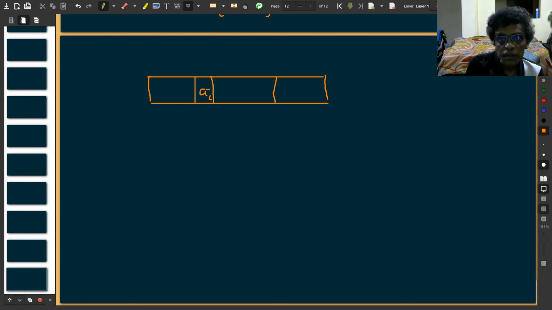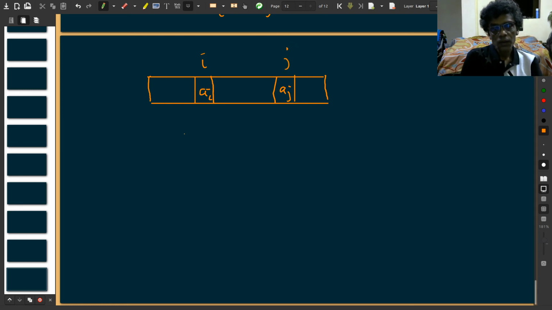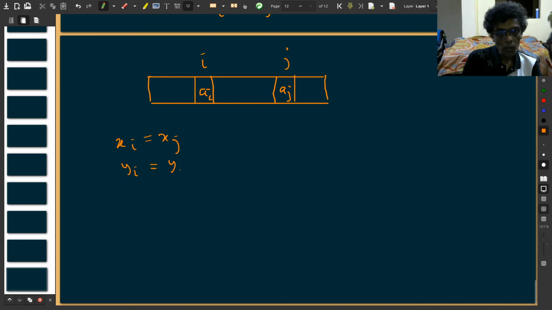This is position j, which stores aj. And I have xi equal to xj, yi equal to yj.